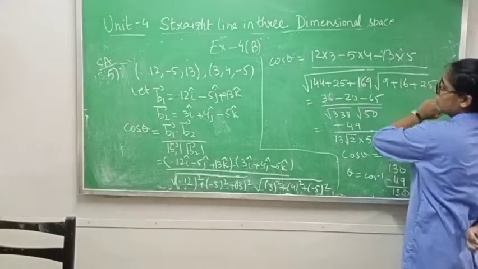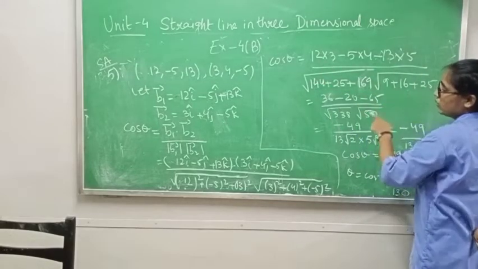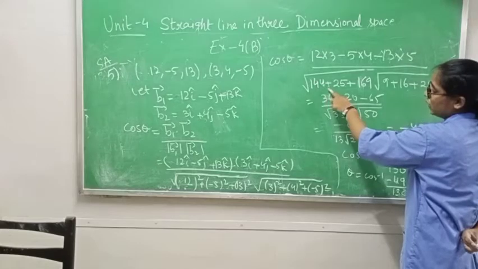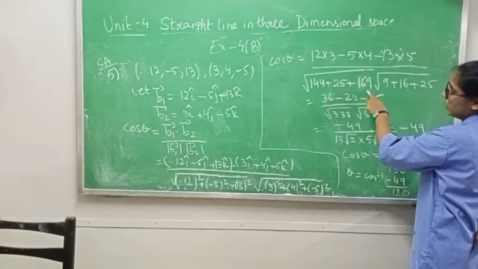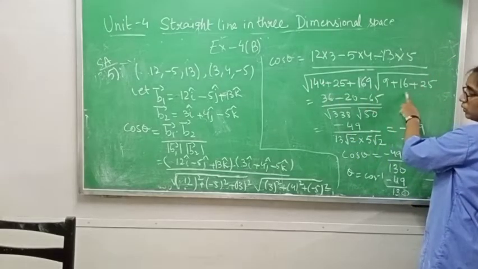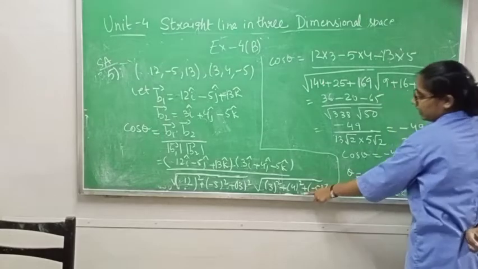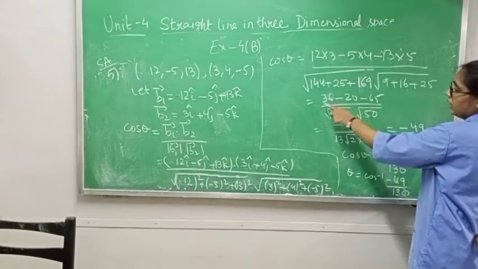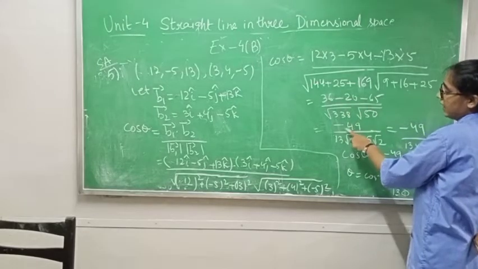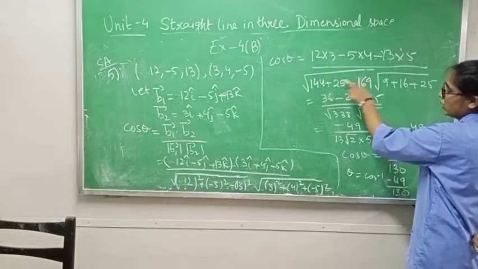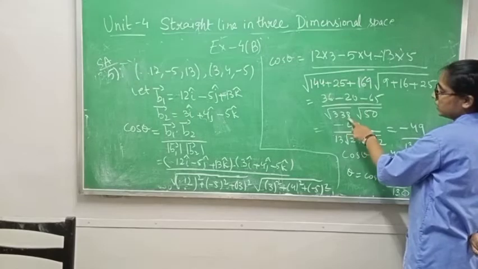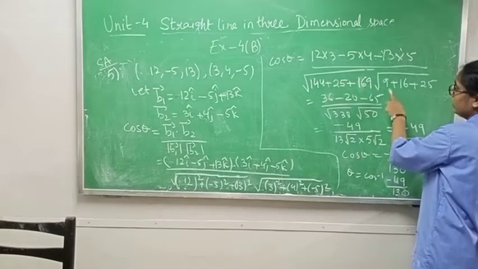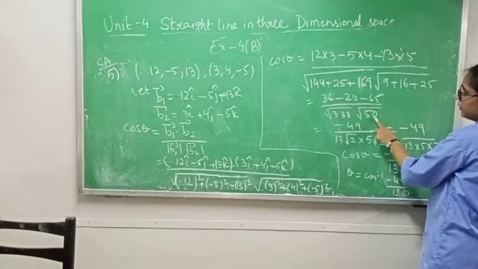And for the magnitude we get root over 144 plus 25 plus 169, and for the next one root over 9 plus 16 plus 25. Now when you solve, you will get minus 49, and when you add, you will get root over 338 and root over 50.